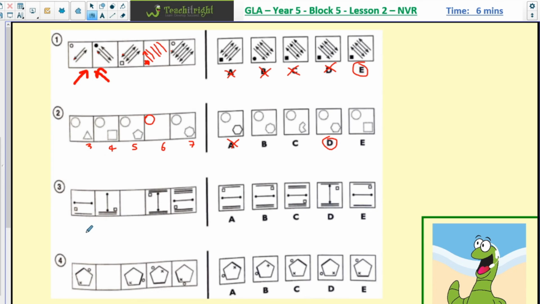Looking at question 3, we've got an increasing number of lines, and we've also got this interior swapping between horizontal and vertical. So the next one should be horizontal. It should have 2 dots on the end. We've got 1 line, 2 lines, 1, 2, 3 lines, 4 lines, and then 5. So again, 1, 2, 3.